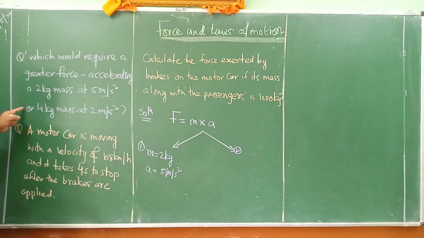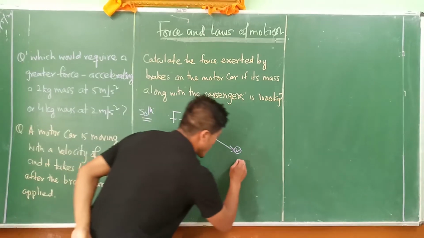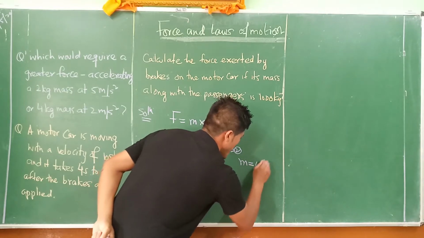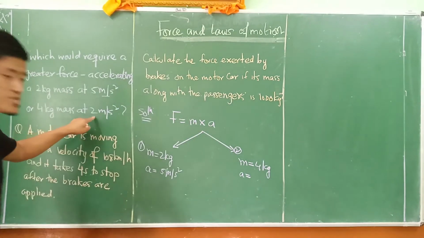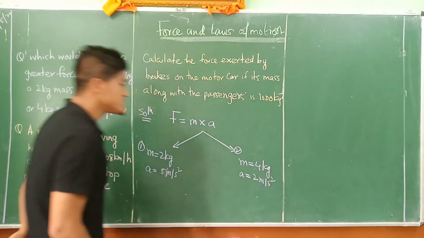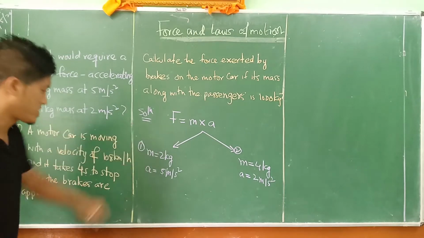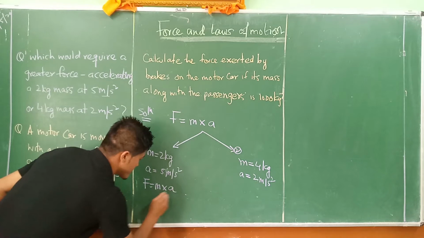Now situation number 2, a 4 kg mass at 2 meter per second square. So you write mass as 4 kg and acceleration as 2 meter per second square. Now use the simple formula: force is equal to mass into acceleration.